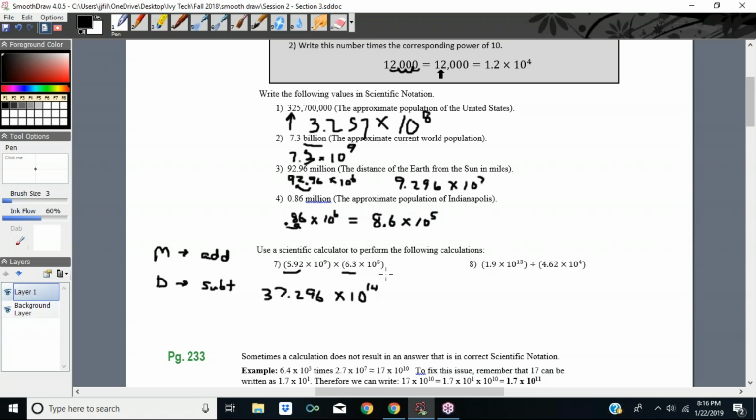If we look at those two numbers, 5.92 and 6.3, the least number of significant digits is the 6.3. There are only 2 digits there. So our answer can only have 2 digits in it.